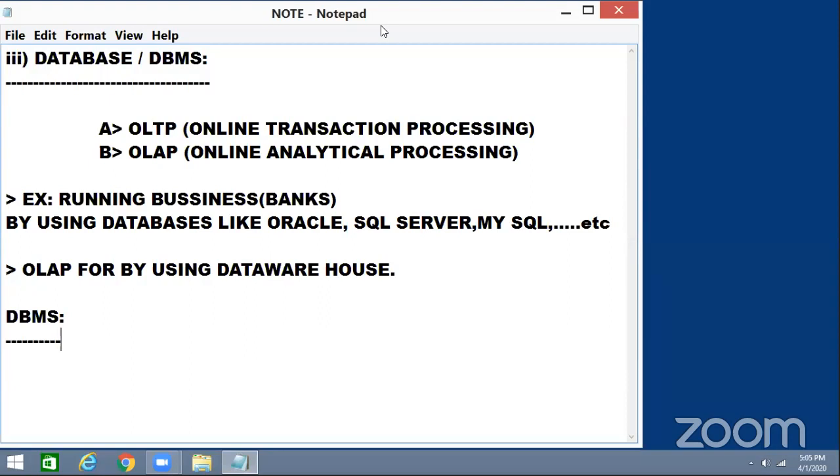DBMS. So DBMS is simply called a software.